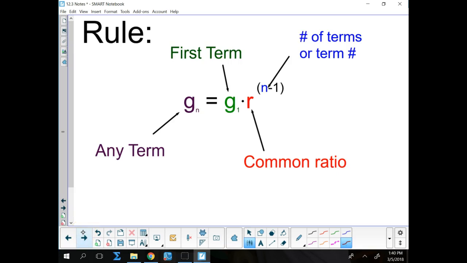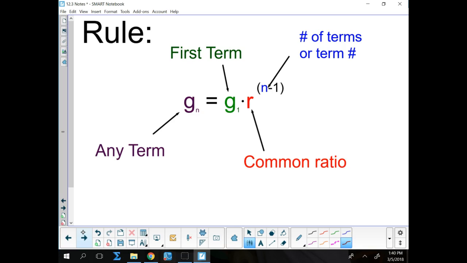So, speaking of formulas, here is the rule formula for geometric sequences. Any term, g sub n, is equal to the first term, g sub 1, times r, and here's where it gets a little confusing because r has a power to it now, n minus 1 power.